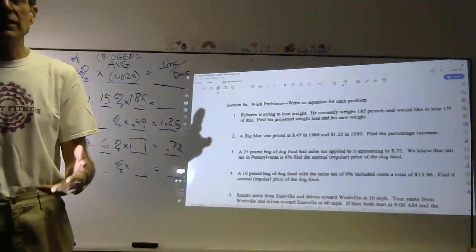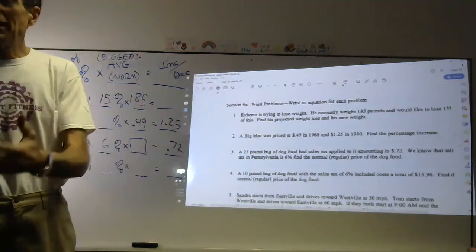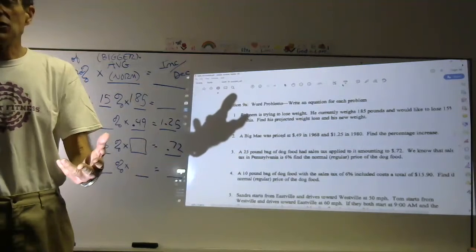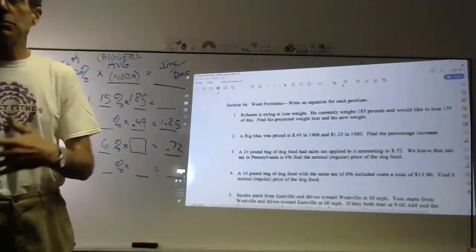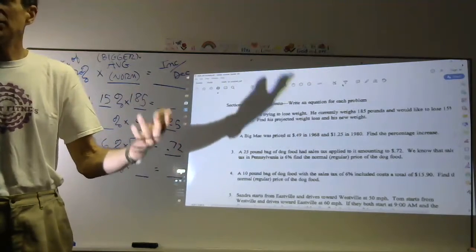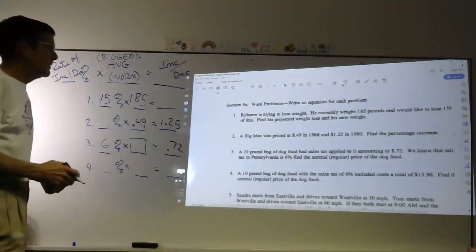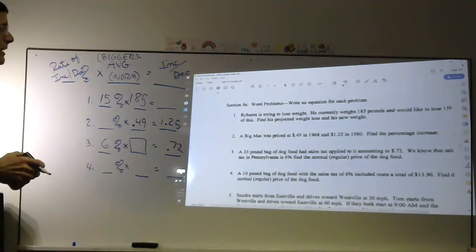You invest money, you're going to earn a percentage. You have to pay taxes, it's a percentage. You have to pay sales tax, it's a percentage. You buy things on a discount, it's a percentage. Percents are everywhere.